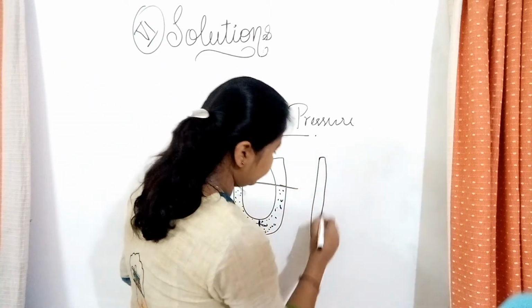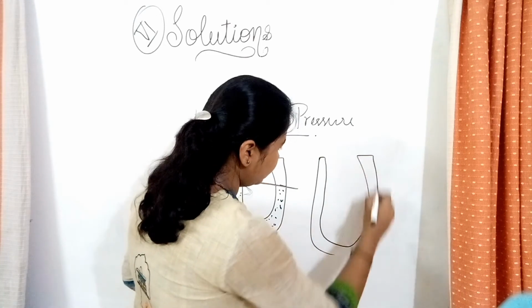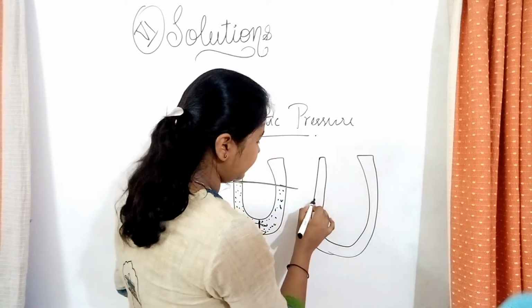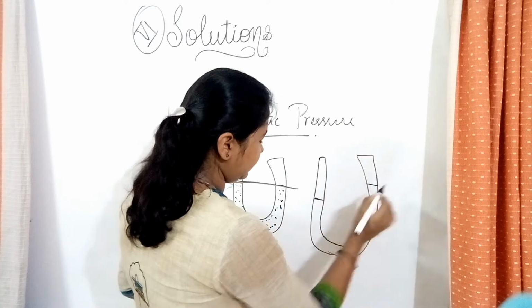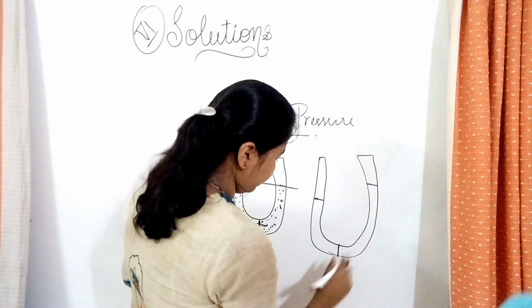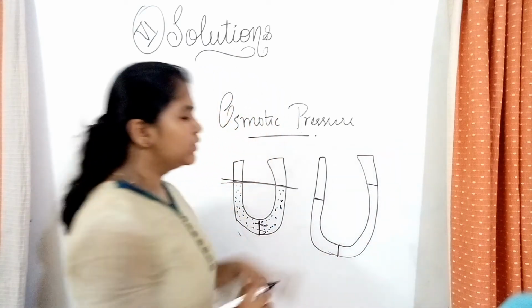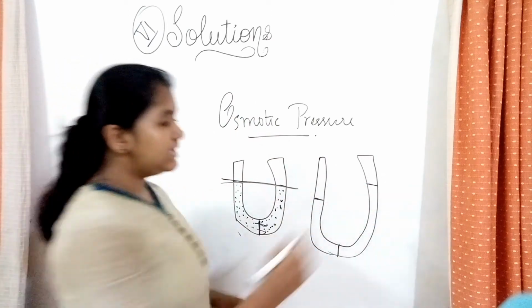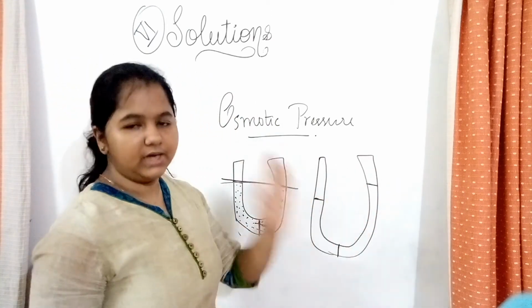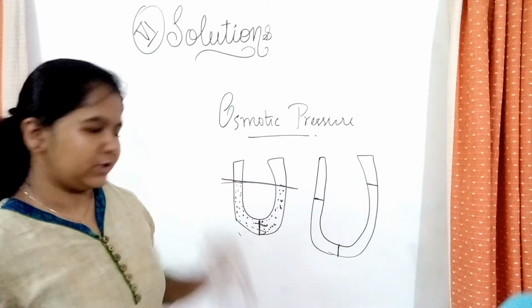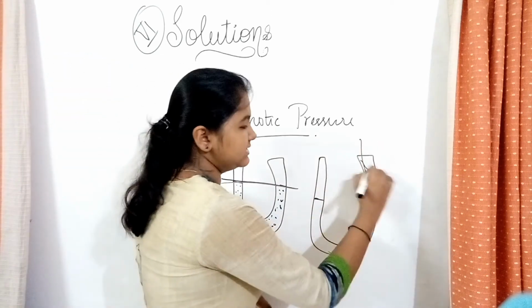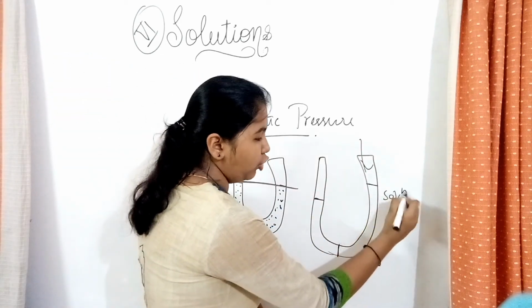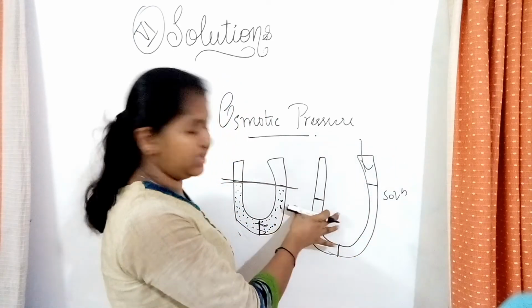Now let's take another situation. Here is a U-tube, and here is our water, here is our salt solution, here is the semi-permeable membrane. This is a diagram to show the osmotic pressure. Here we took salt solution and over here we have water.